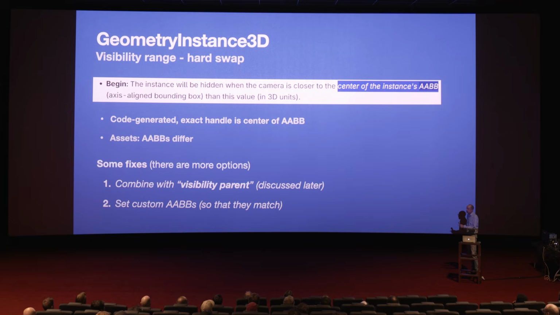But with real-life assets, almost guaranteed, the position will differ. There's several ways around it. There's like 4 or 5. Not enough time to go over all of them. One of them is to combine with visibility parent function, discussed later, or set custom bounding boxes so that they're all equal. And of course, then you take the largest one. So that's gotcha number 1.